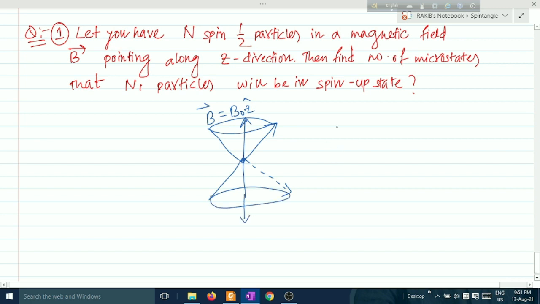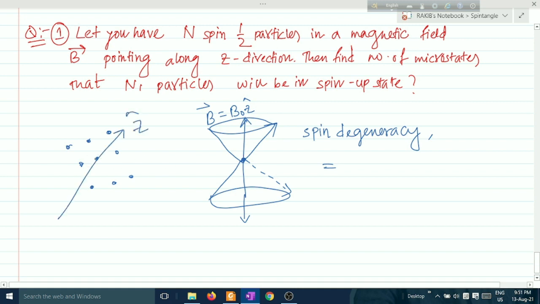I think this is correct, and this is by spin degeneracy. What is spin degeneracy? Spin degeneracy comes when a spin system is placed in a magnetic field. Say you have some particles and you are giving a magnetic field like this.